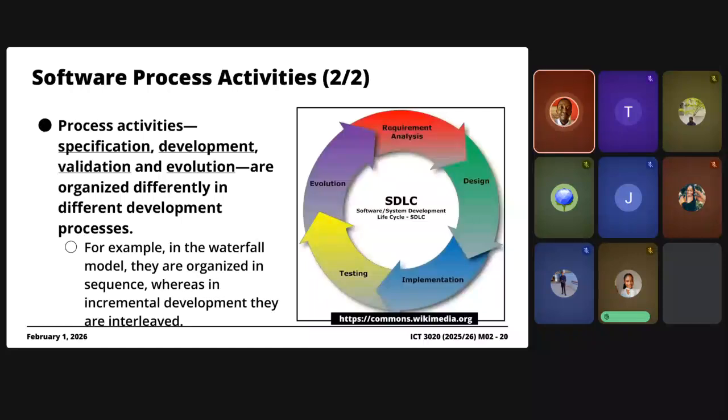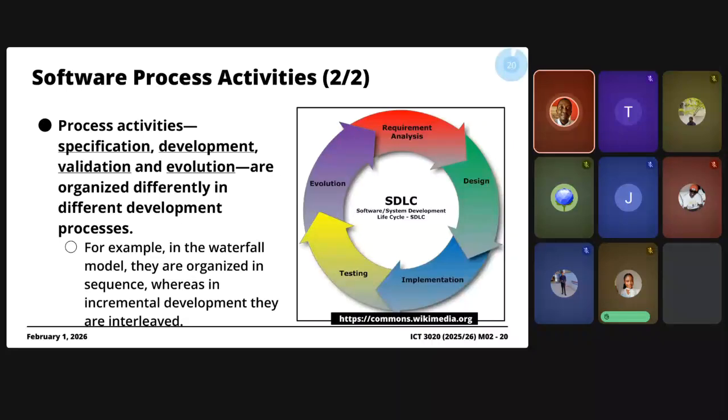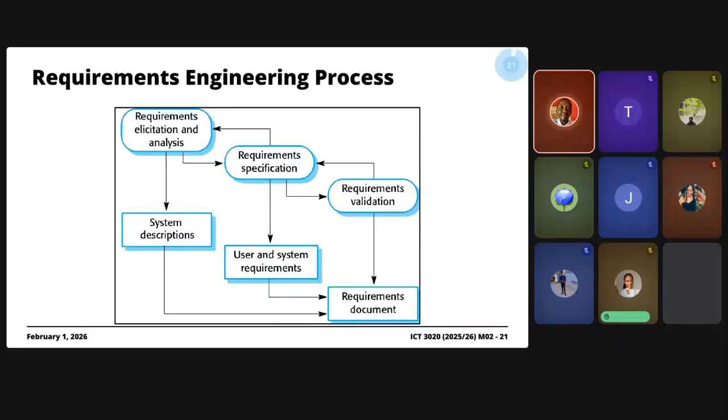Whereas the alternative, an incremental development approach, has you quickly cycle through the different activities. Anyway, we'll look at these software process models soon, probably in a week's time or two weeks' time.